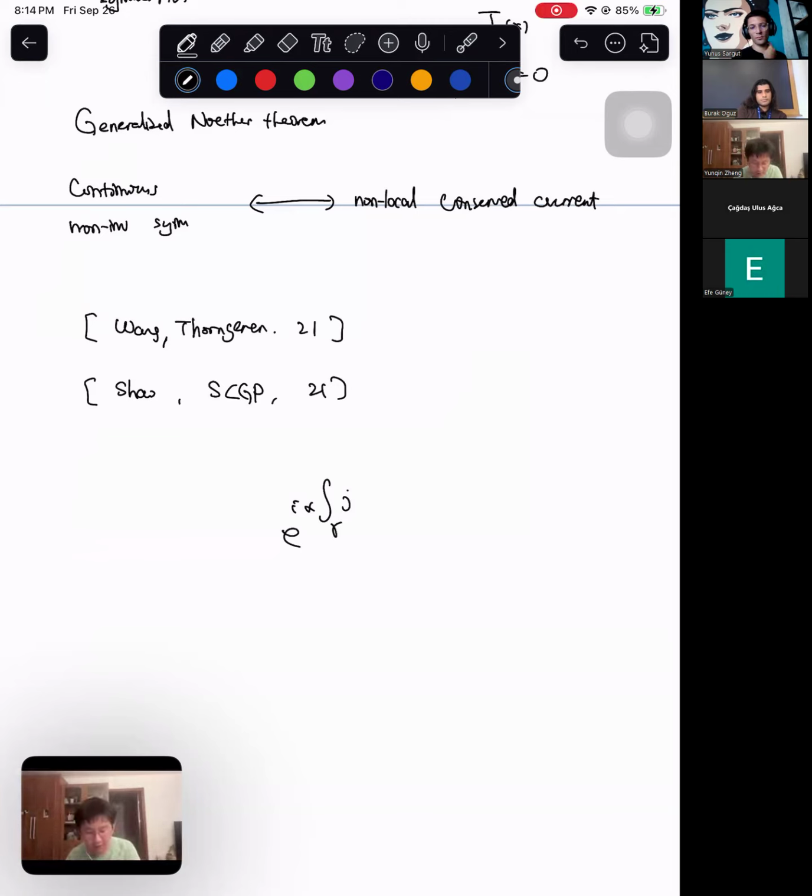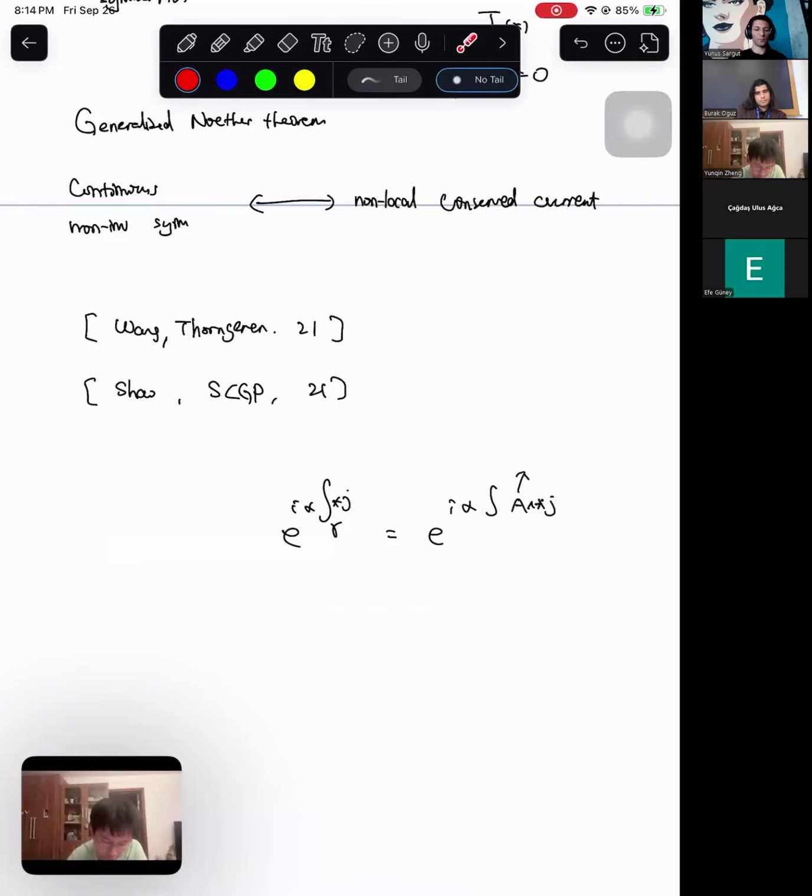If we insert this symmetry operator into the path integral, we can write this operator in terms of star J wedge A, where A dictates the location of the manifold which the defect lives on.